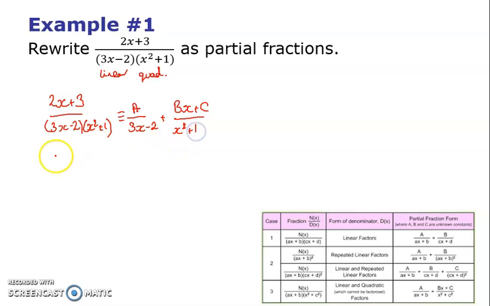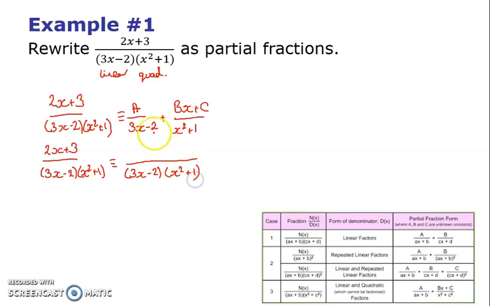Now let's go back right to basics. Let's not miss out any steps this time because it's the first time we've seen one of these. So I'll write it all out. And the left-hand side this time is going to equal, and I'm going to pretend it's 3x minus 2 times x squared plus 1 there, and obviously you can see that gets multiplied by that.